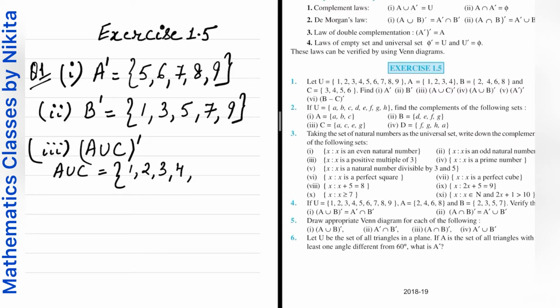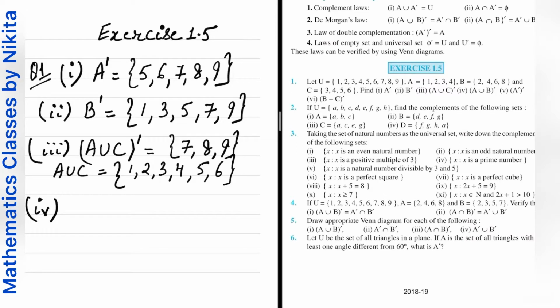So therefore 3 4 are already there, so I will write 5 and 6. Now take the complement of this set with respect to U. So 1 2 3 4 5 6 already there, so complement will be 7 8 9.